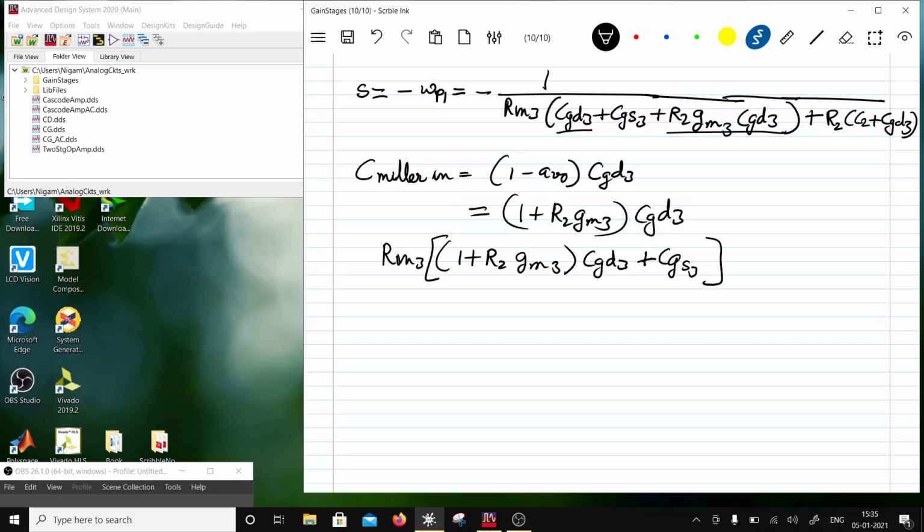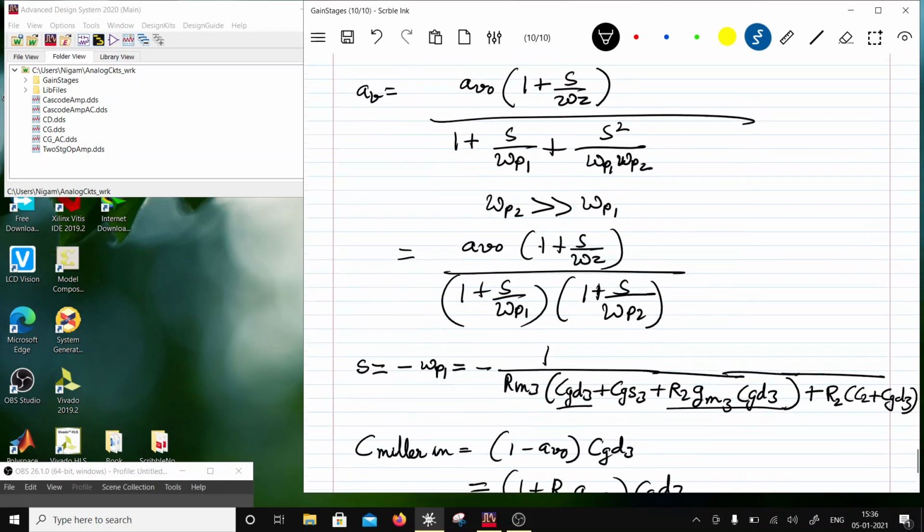So the first pole omega p1 is going to be the RC time constant of Miller, and that would be equal to 1 over R in 3 times the Miller capacitance, which is 1 plus R2 GM3 times CGD3, plus the capacitance attached to this node.